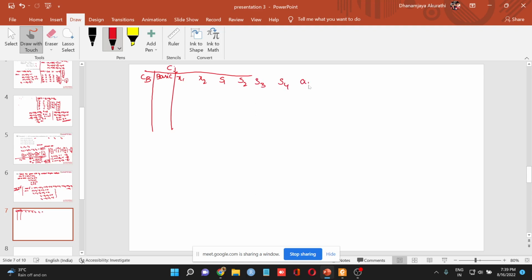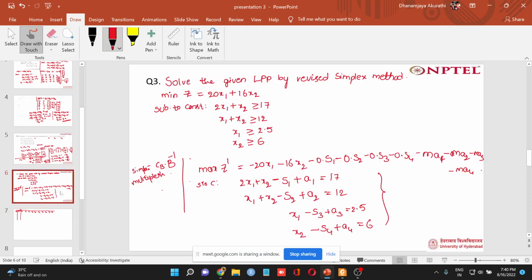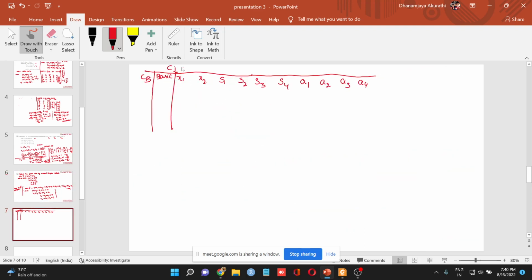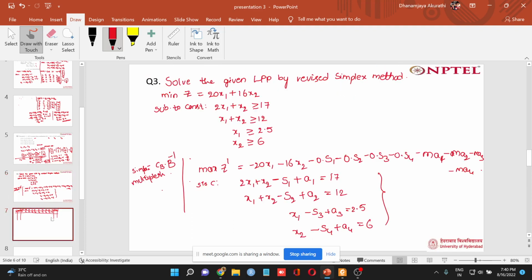And now the basic variables A1, A2, A3, A4. And the cost coefficients here for X1 minus 20 and minus 16, 0, 0, and minus M, minus M, minus M. And here would be the RHS: 17, 12, 2.5.